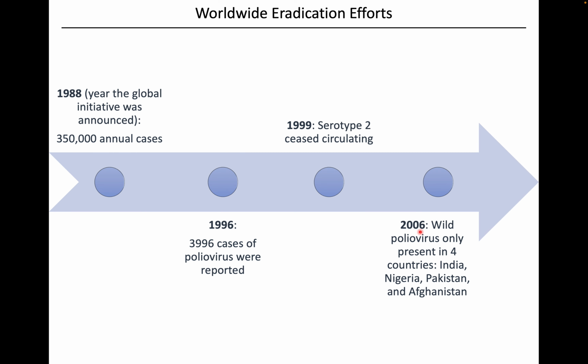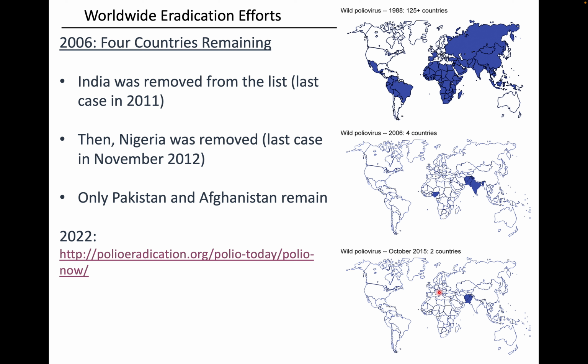And by 2006, you only had 4 countries, India, Nigeria, Pakistan, and Afghanistan, where wild poliovirus was evident, although you did have some of the vaccine-derived polio in some other countries as well. So if you want to see the latest, I'd encourage you to check out this link, Polio Today, polioeradication.org. It'll show you where all the documented cases are as of 2024.